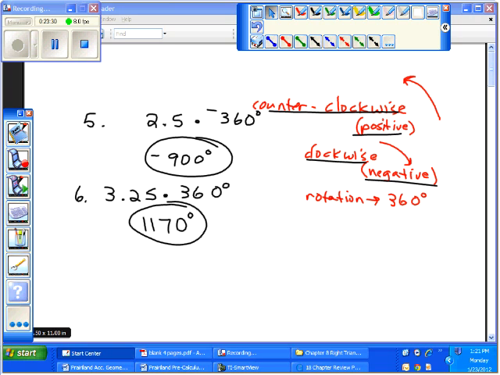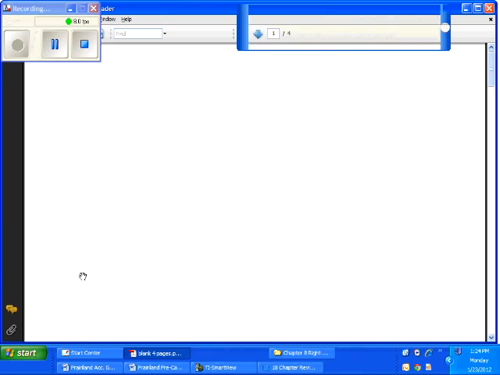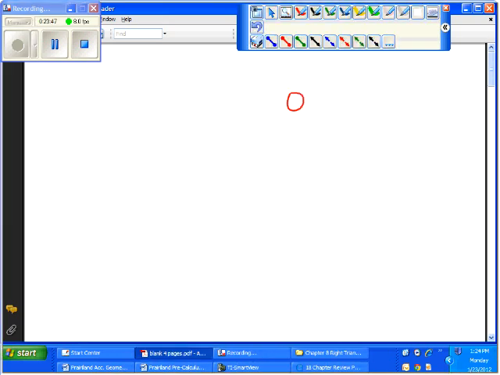All right. Well, let's look at the next thing. It says identify all angles that are coterminal with the angle and then name one positive and one negative angle that is coterminal with the angle. Let's just say that our angle is theta degrees. It's really supposed to be a little more oval than that.